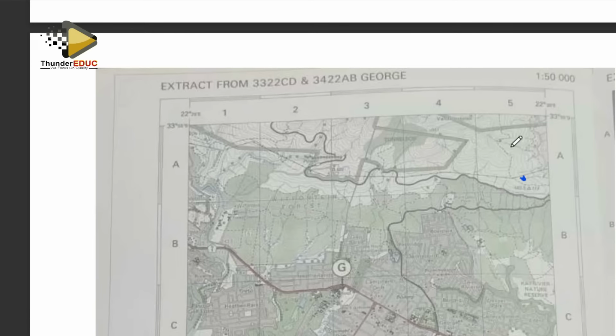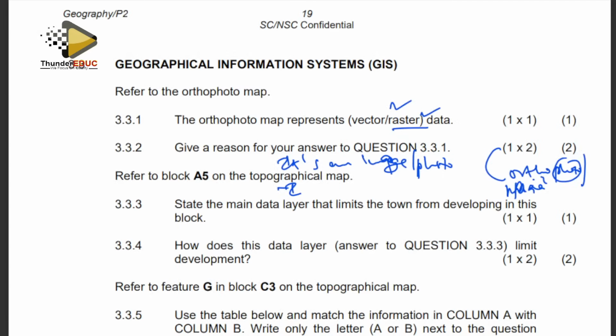When you look at it, this area has contour lines that are close to each other, meaning that it's going to be a steep gradient. Or you can say the nature of the land, or the relief. So here the main data is the relief, which is the general appearance of the land. And in that case, that land is steep.